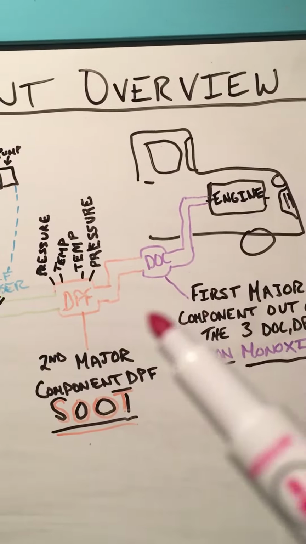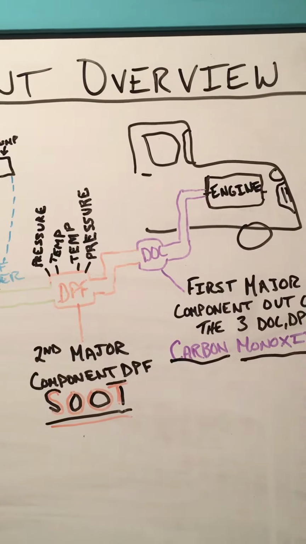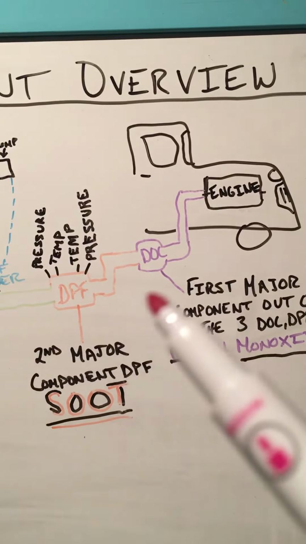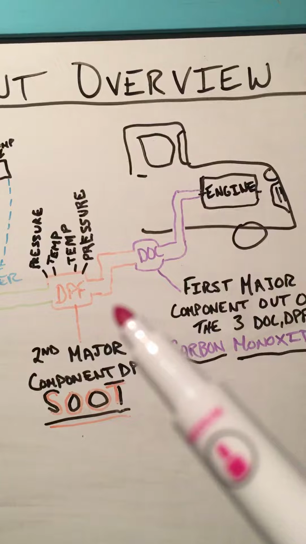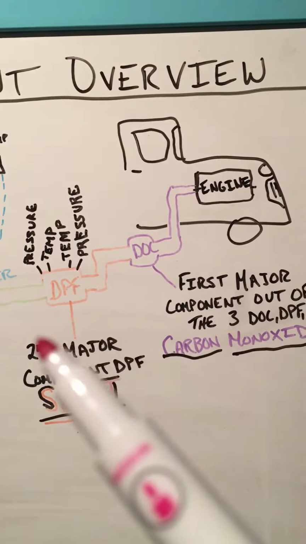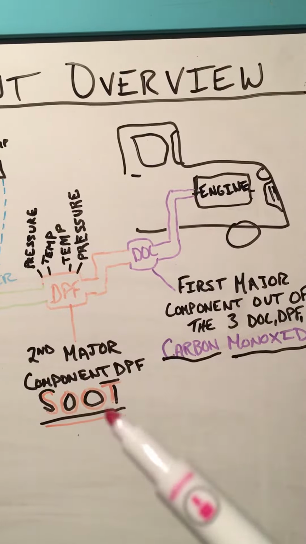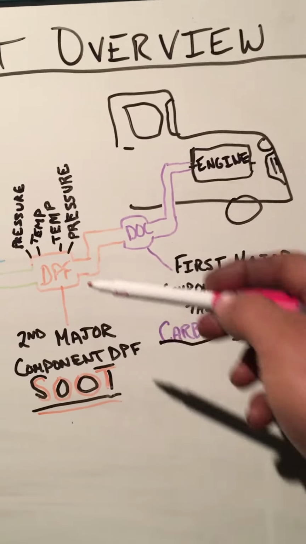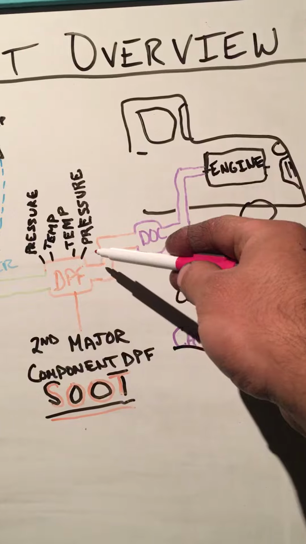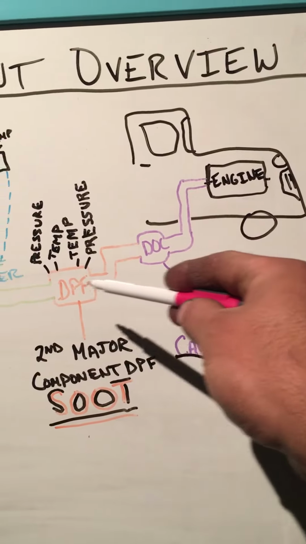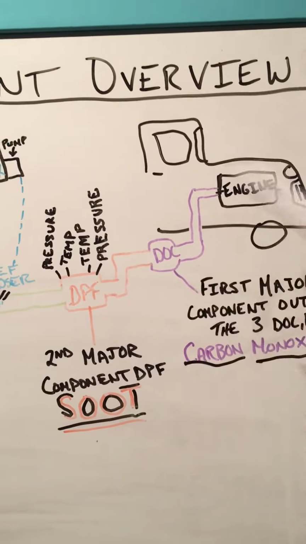I drew these separate because in older applications they sometimes were separate, but now more often than not I see the DPF and the DOC almost combined, or they're combined by a band clamp. And so your DOC would be kind of right here just before the DPF, almost as if they were one piece.